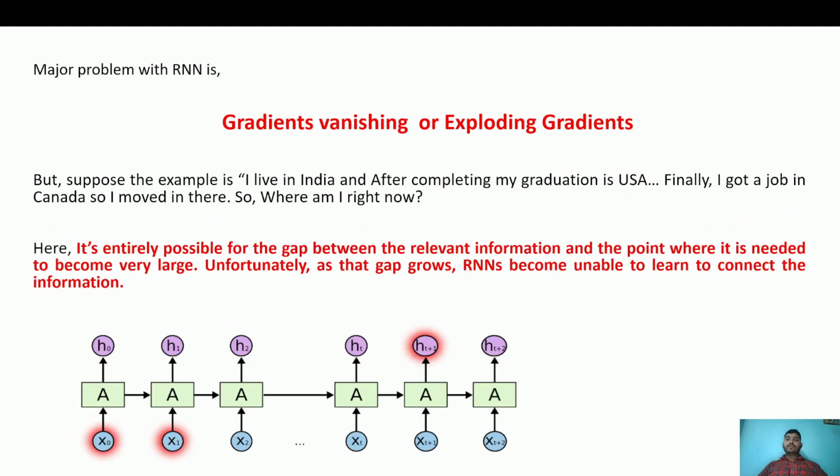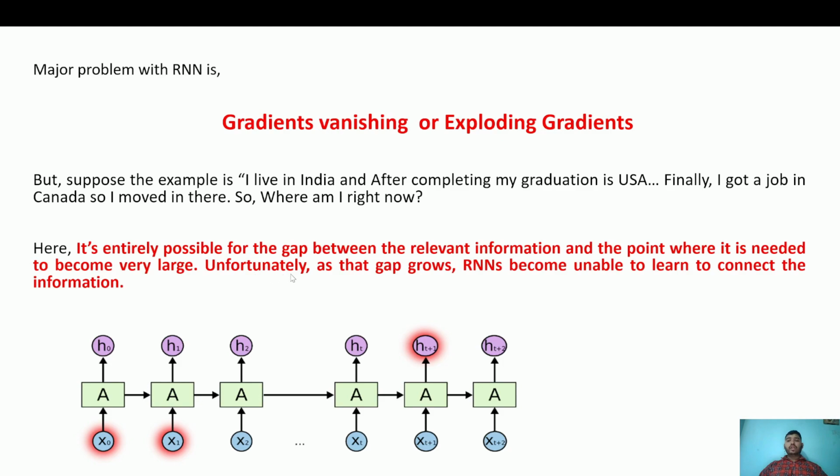But in the case of long sentences, suppose the example is: I live in India. After completing my graduation in USA, finally I got a job in Canada. So I moved there. So where am I right now? Obviously the answer would be Canada, as I got a job in Canada, so I have to move there, right? So here it is entirely possible for the gap between the relevant information and the point where it is needed to become very large.